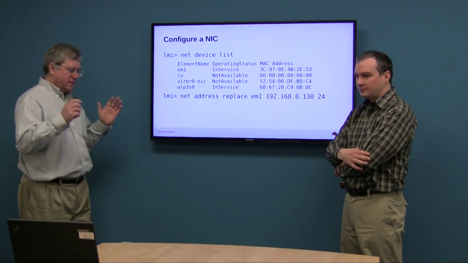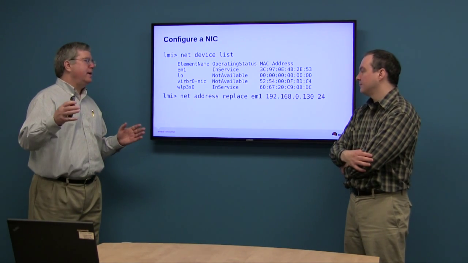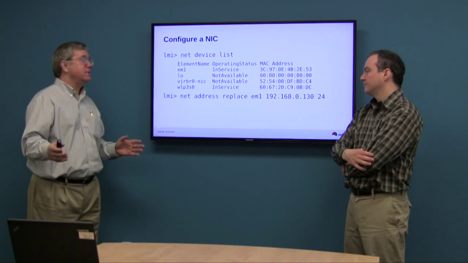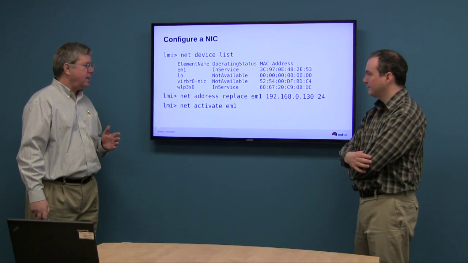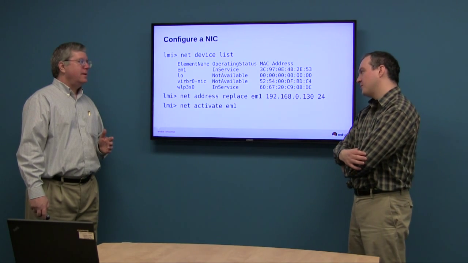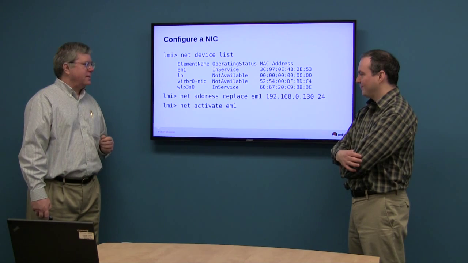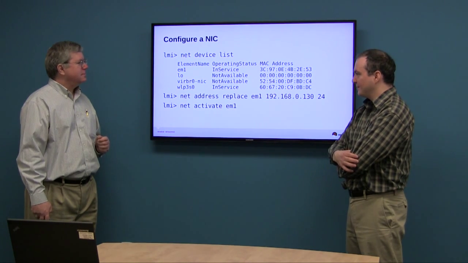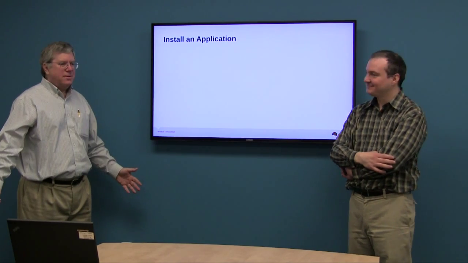So if I'm just assigning a single fixed IP, I just use the replace command, and if I have multiple IP addresses associated with the NIC, I can do all of that. Yep. And of course, your NIC is only useful once it's turned on. Yeah, I knew that. Not last Thursday, you didn't. Be nice.